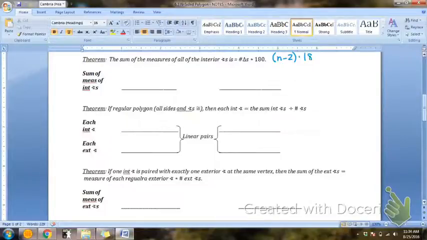Then we multiplied it by 180. So for the pentagon, I found it was 540 because I did 3 times 180 because there were 3 triangles. And over here, I found that it was 900 degrees inside of a heptagon because I did 5 times 180.